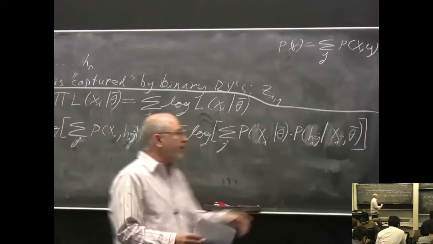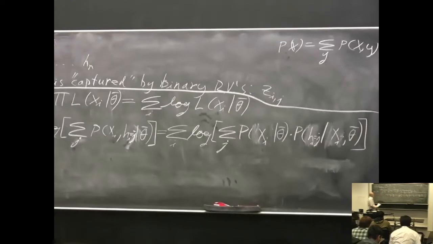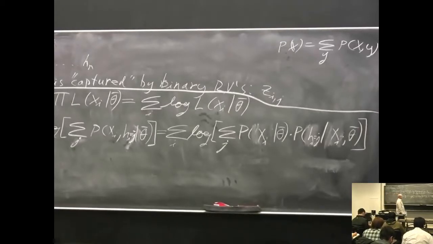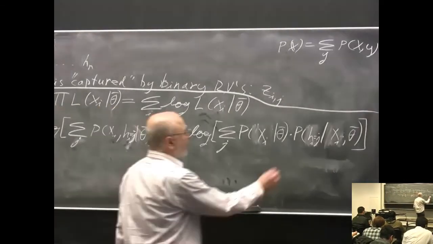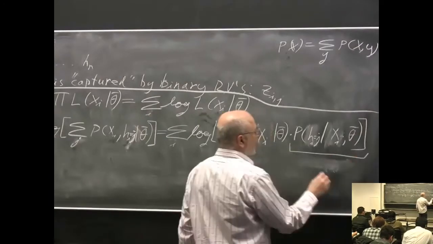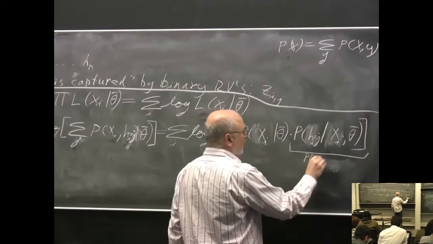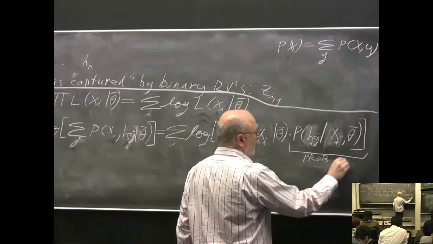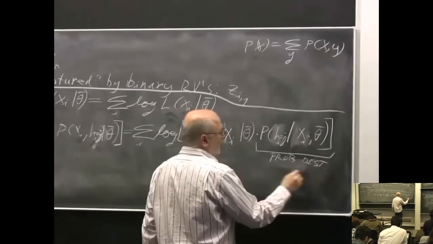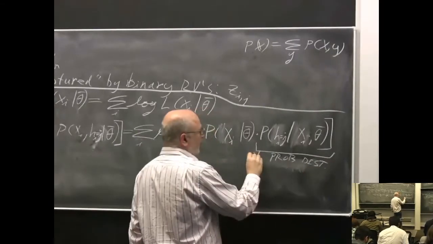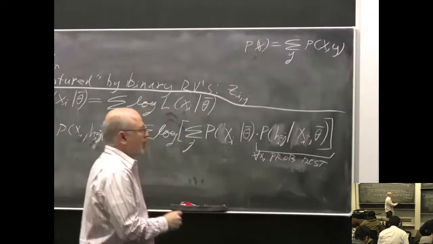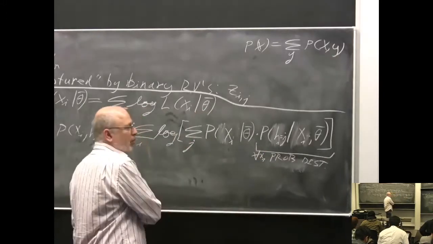Okay? And now is the moment I was waiting for. I recognize this as a probability distribution for any xi. It's some fixed probability distribution.